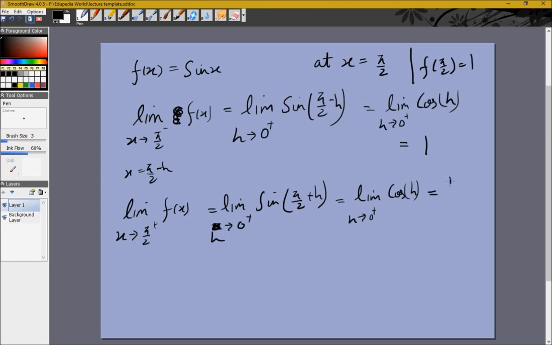And this is again equal to 1, which is again f(π/2). They both are equal to f(π/2). Hence sin x is continuous at x = π/2. In fact, we could have seen this directly from the graph. Near π/2 the graph is like this, so it certainly is continuous.